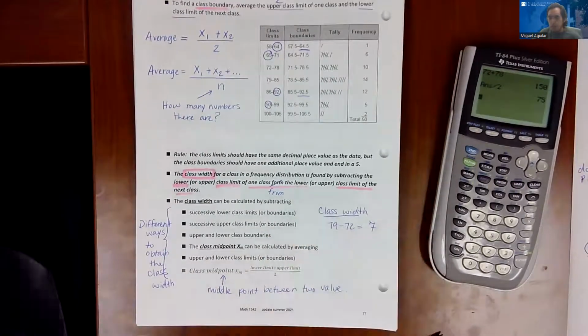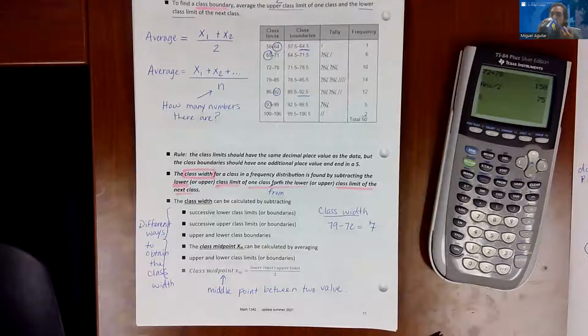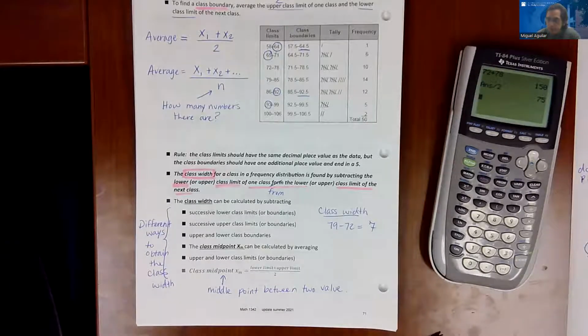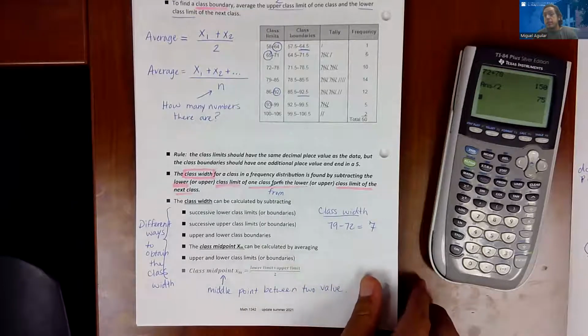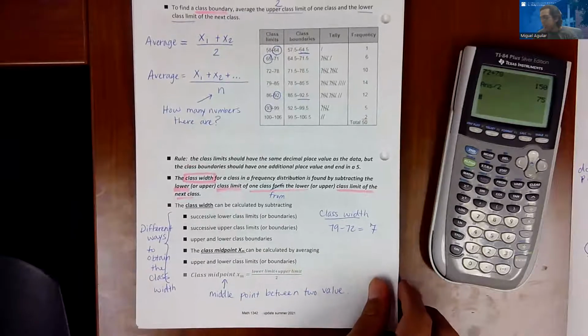So I had a question. Yeah. So how do we set the class limits, like from 58 to 64, from 65 to 71, from 72 to 78? That's a good question, and we're getting to it in just a second.